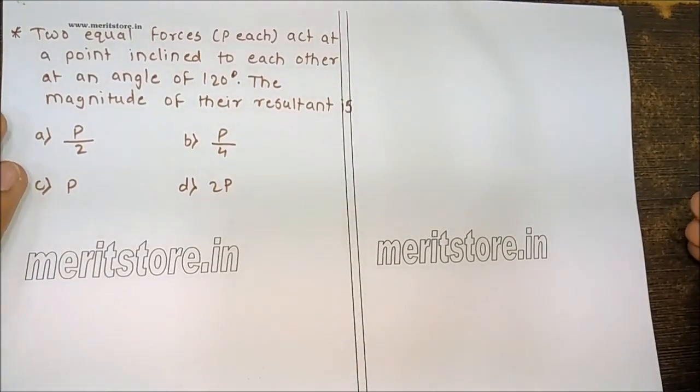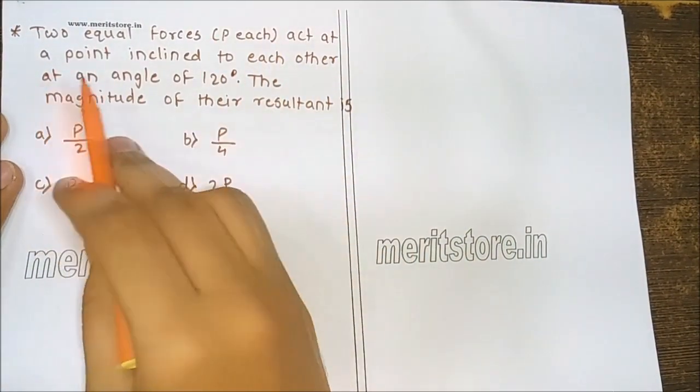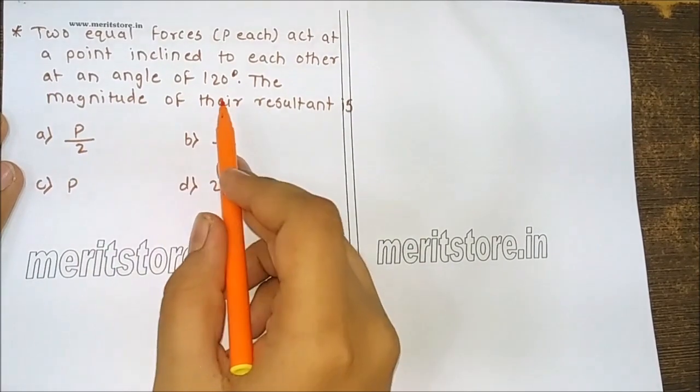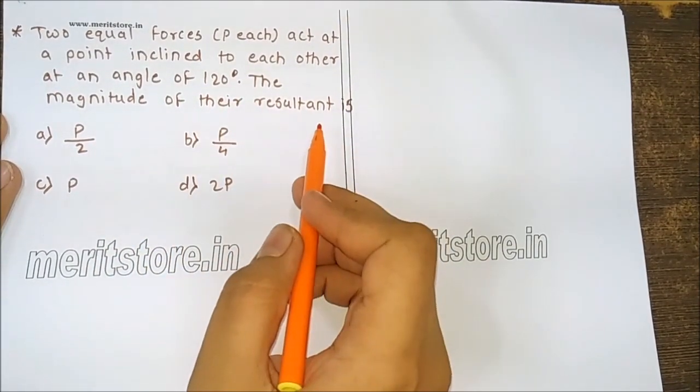Two equal forces P each act at a point inclined to each other at angle of 120. The magnitude of the resultant is.